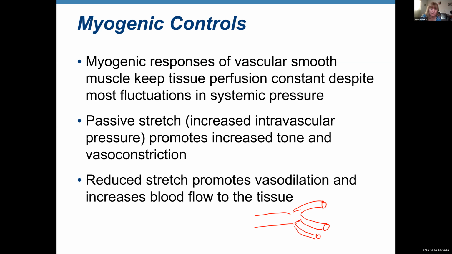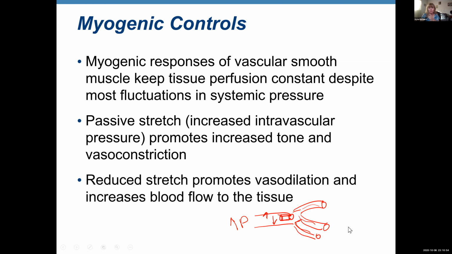For example, we have lots of stretch over here, and because we have lots of stretch, that means pressure is high. We don't want so much pressure in the capillaries, remember, because capillaries are very fragile. So we just constrict this blood vessel, and less blood flows to the capillaries.